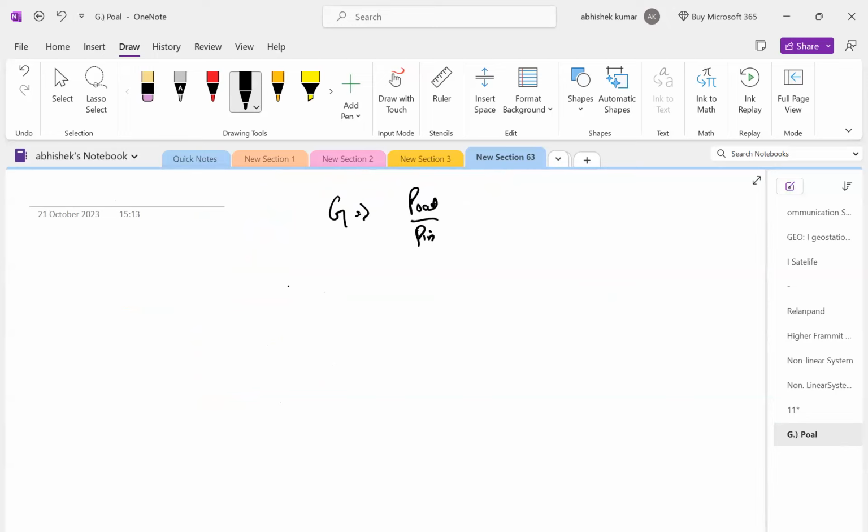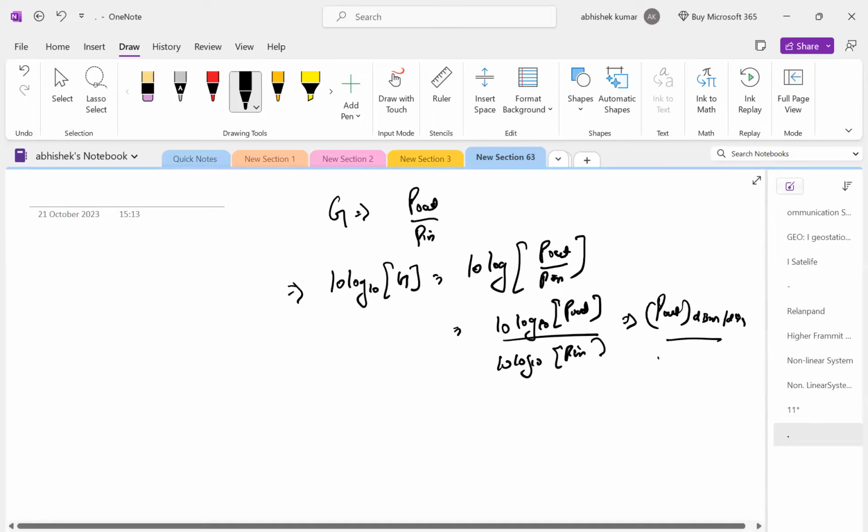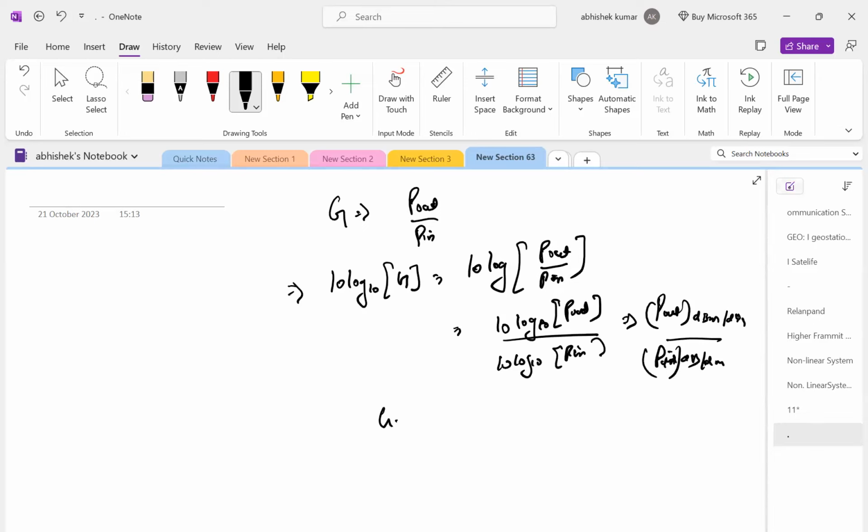When we find the gain in terms of log, in terms of dB or dBm, it will become 10 log10 P output by 10 log10 P input, and that will be P output dBm minus P input dBm. Agree or not?